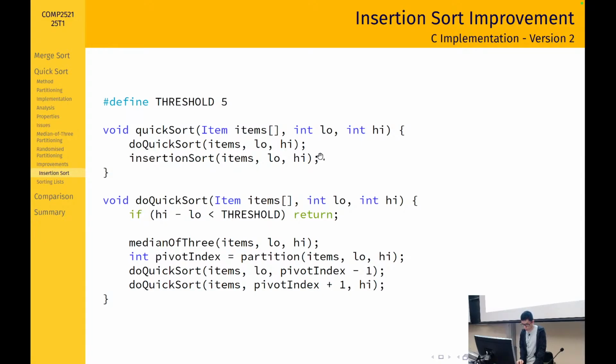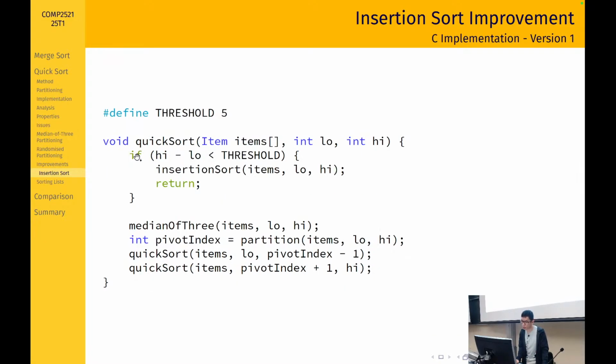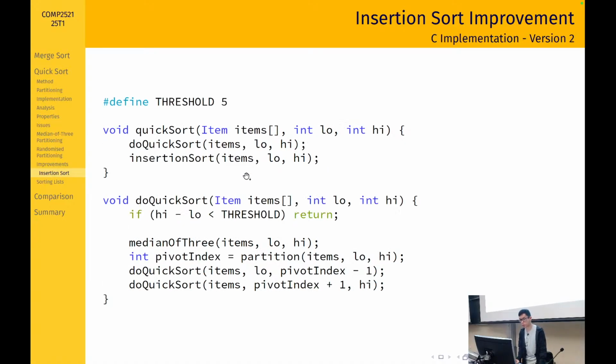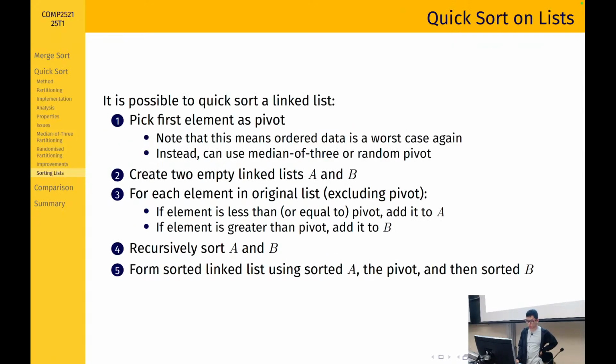This is probably a slight improvement over the first version, because you're only calling insertion sort once. So that's some improvements you can make to quicksort.